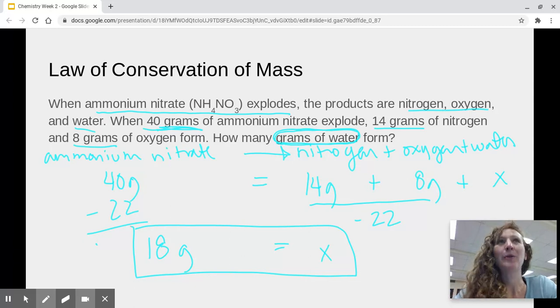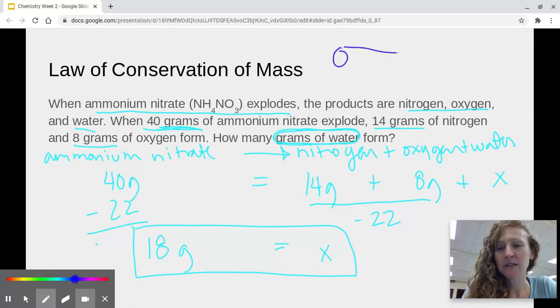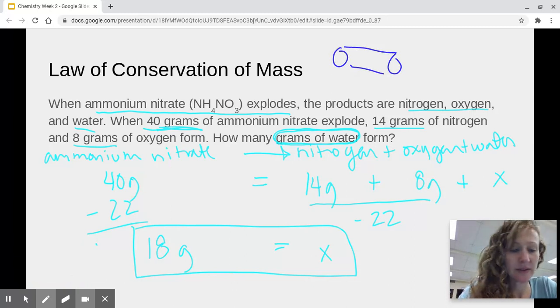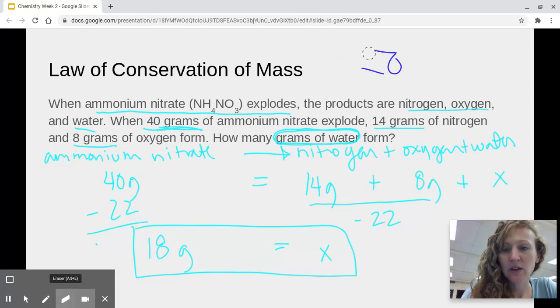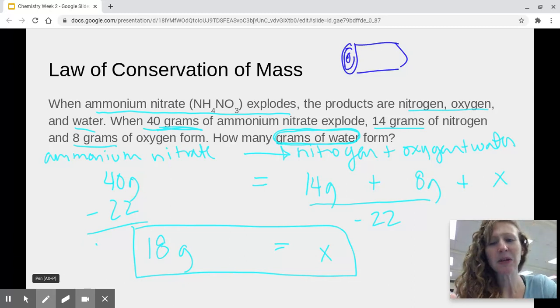So what about burning? Let's just think of a piece of wood, for example. So you're going to take a piece of wood. Here's my nice piece of wood. Oh, that was not a great drawing. Wait for it, I can do better than that. Okay, there's my piece of wood.